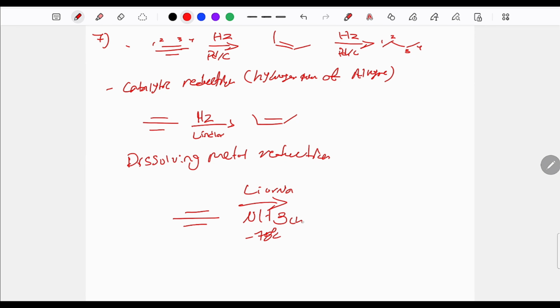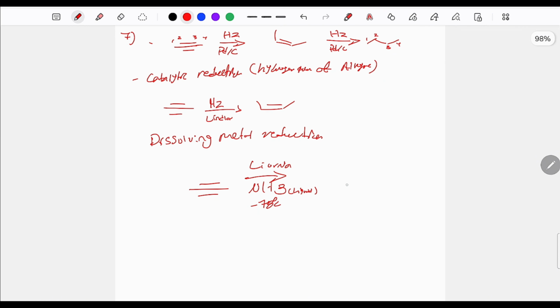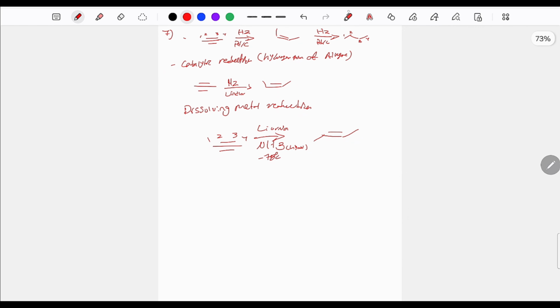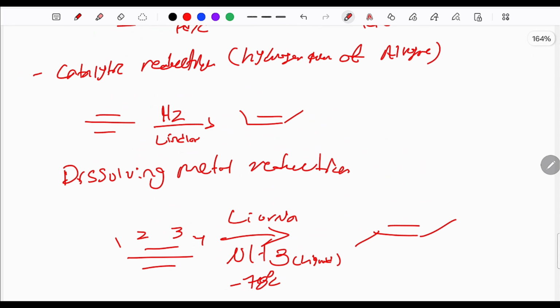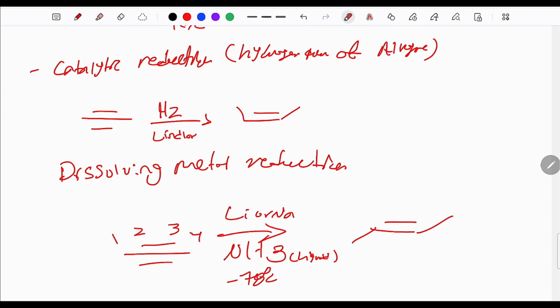And this is liquid ammonia, don't forget. This gives you my trans alkene. So 1, 2, 3, 4. This gives me the trans alkene. Okay. So dissolving metal reduction gets you the trans alkene. Catalytic hydrogenation with the Lindlar catalyst of an alkyne gets me the cis-alkene. Okay.